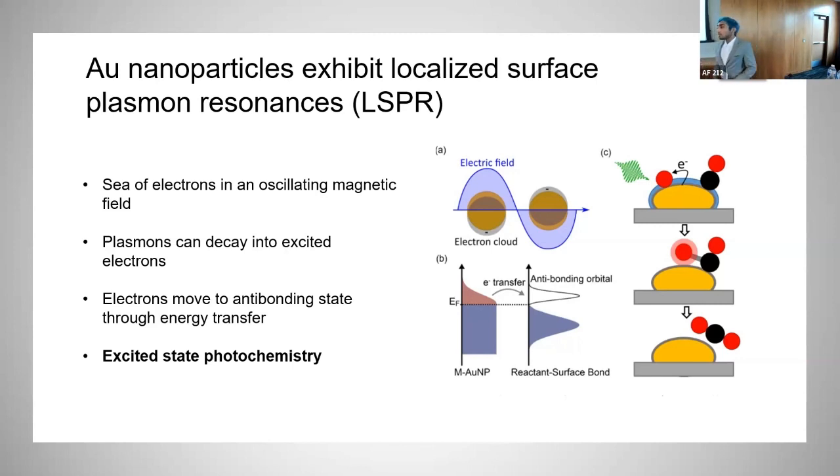And why that's important is because the collective oscillations produce hot electron carriers, or a hotbed of excited electrons, and we can tailor an energy transfer from a higher energy state of a metal nanoparticle to a higher energy state, the anti-bonding orbital, which is the highest occupied molecular orbital of a reactant surface bond.